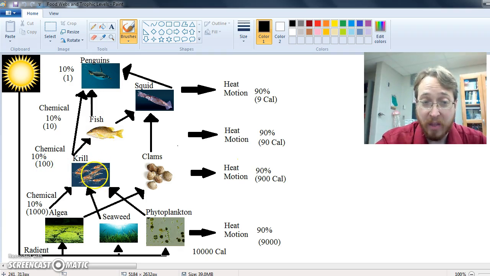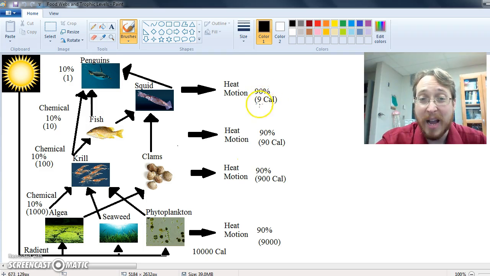And when the fish eat them, the fish do the same thing. They spend 90% of the energy they get as heat and motion, so that's 90 calories that they're spending back out into the environment, and they only have 10% of it, or 10 calories of the 100 calories, to run their body. Well, then the squid eat the fish, and they get those 10 calories, that 10% of the prior energy, but they have to spend 90% of it to run their body.